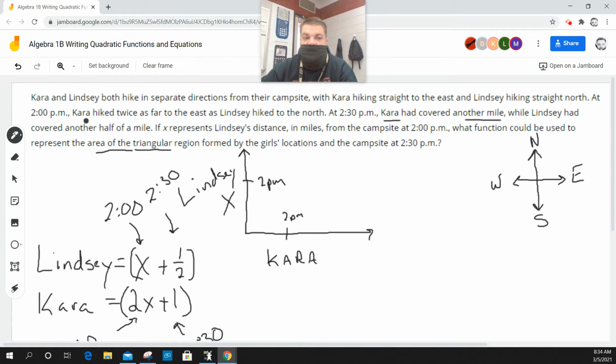At 2 p.m., Kara had gone twice as far as Lindsay. We know that Kara went twice as far as Lindsay, but they said that X represents Lindsay's distance in miles from the campsite at 2. Okay? So really, if Kara went twice as far, it looks a little bit more like this.